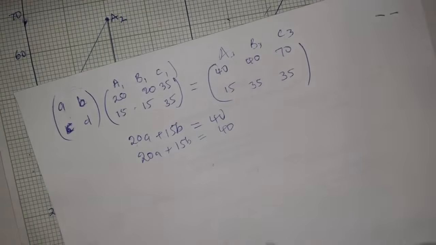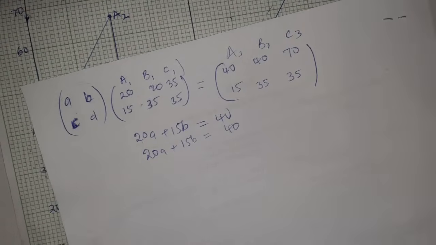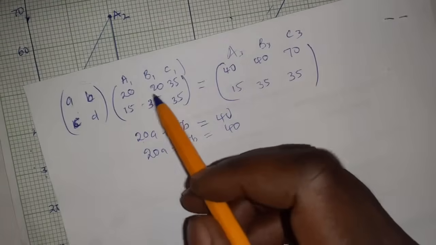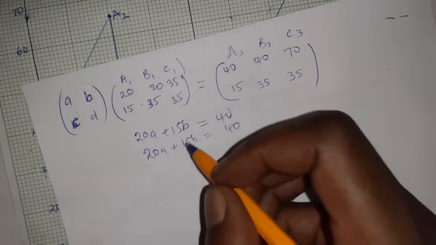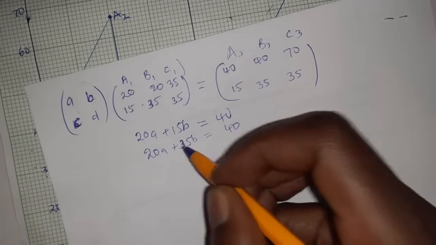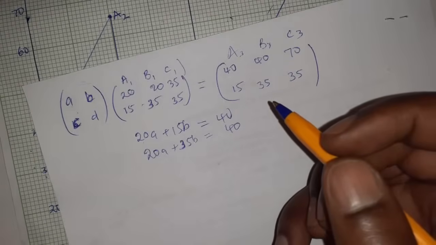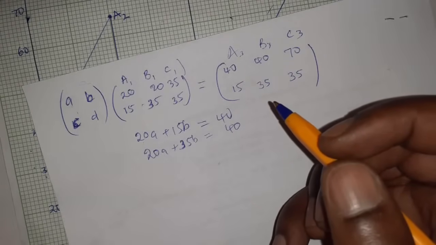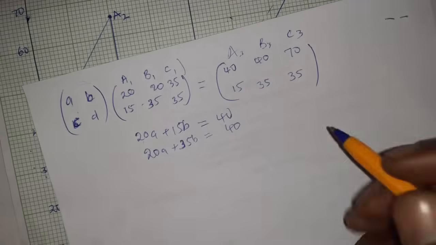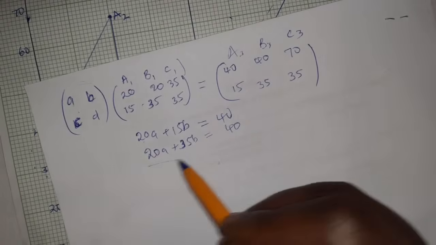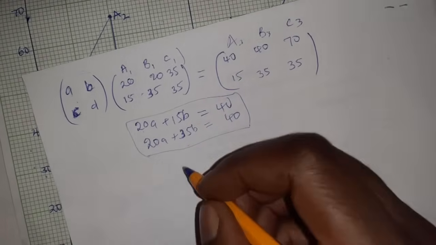Sorry, this is 35 here, it's not supposed to be 15. Then you can work these out simultaneously and get A.